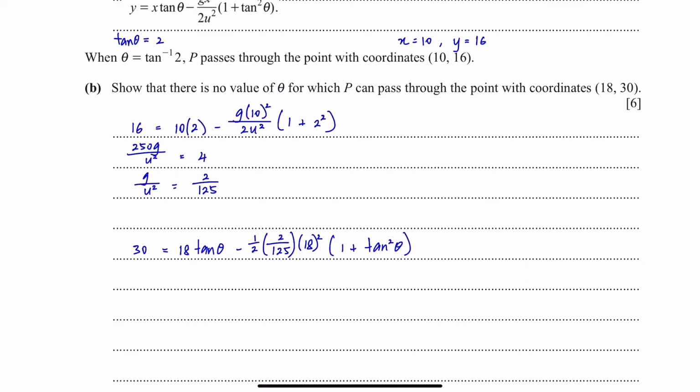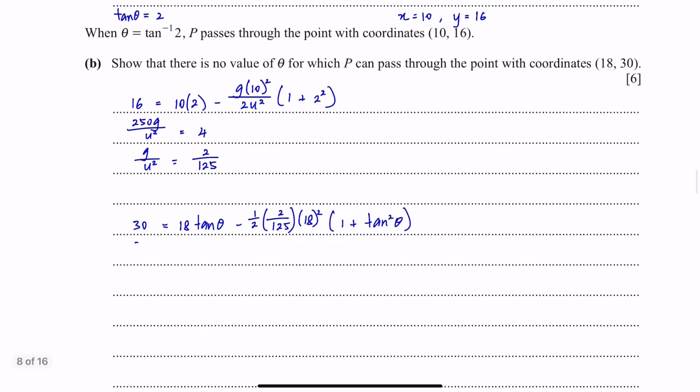So simplify it, we get 324 over 125 tangent squared minus 18 tangent plus 4074 over 125 equal to 0.